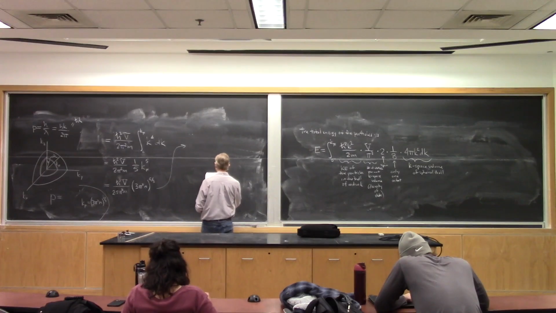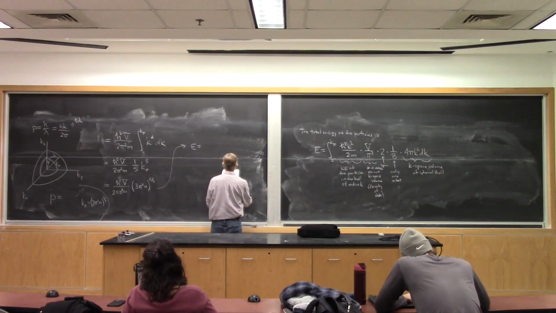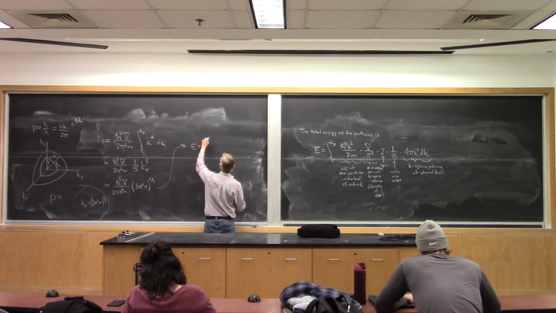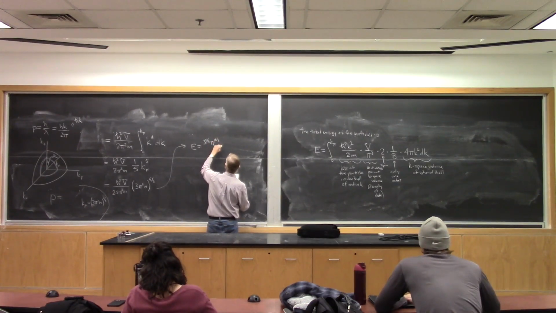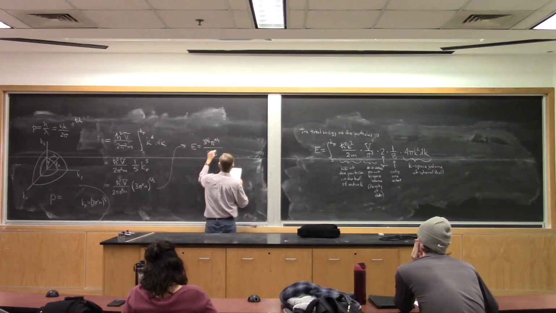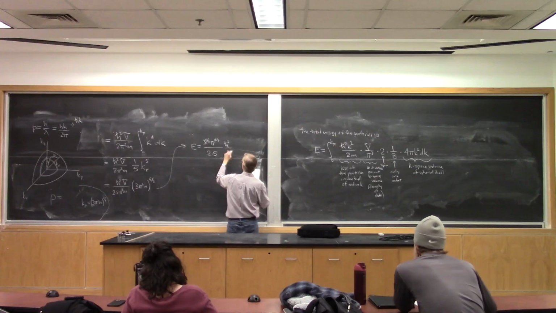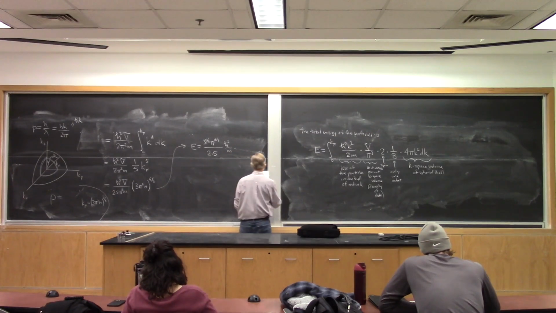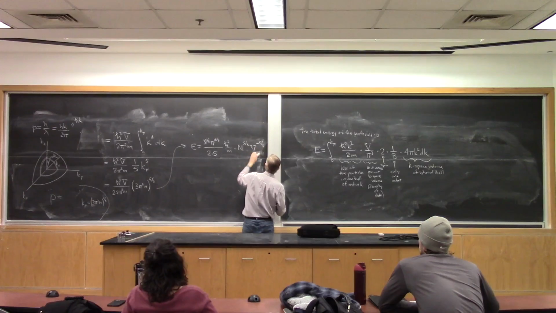So I can say that E in the end is 3 to the 5/3 times pi to the 4/3, fun with exponents, over 2 times 5 times h bar squared over m times n to the 5/3 volume to the minus 5/3.